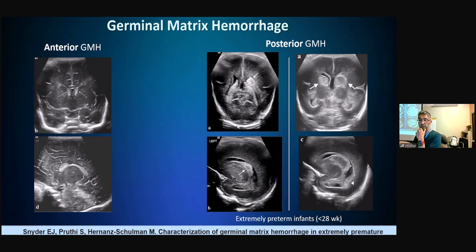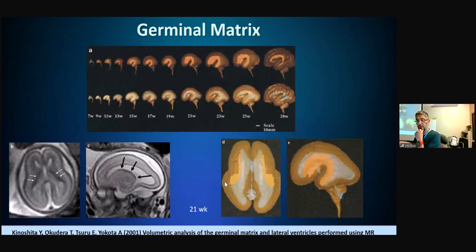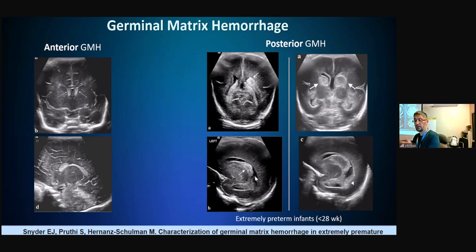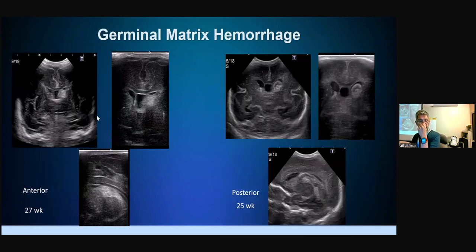If you pay attention to this, in a 21 weeker, there is a germinal matrix even in the posterior aspect. So you can have a hemorrhage from there too. So in extreme preterm infants, you can have a posteriorly located subependymal germinal matrix hemorrhage too. So they made this discrimination between anterior and posterior germinal matrix hemorrhage, which is sometimes problem solving.